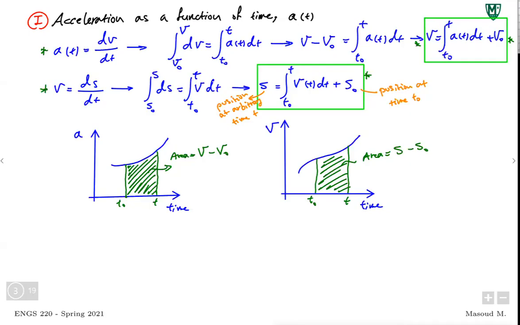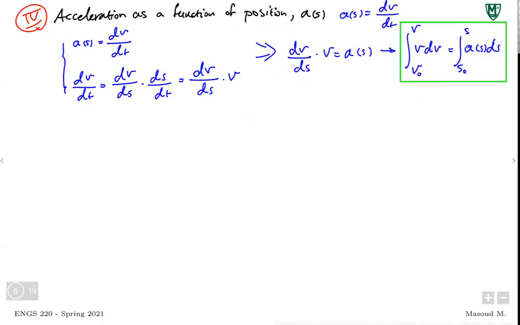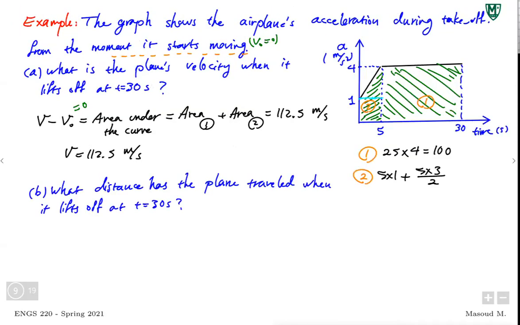We have two. We can find velocity knowing the acceleration as a function of time at any given time, and we can find position as a function of time, knowing velocity as a function of time. All right, so here's what we're going to do. If you look at the graph, acceleration as a function of time, we have two parts. The first part is motion from 0 to 5 seconds.